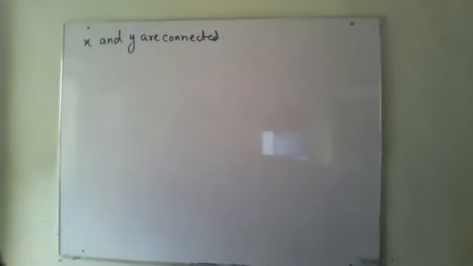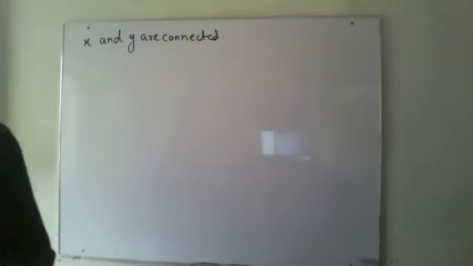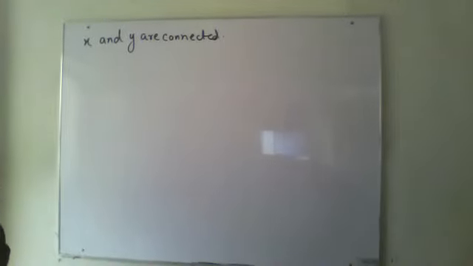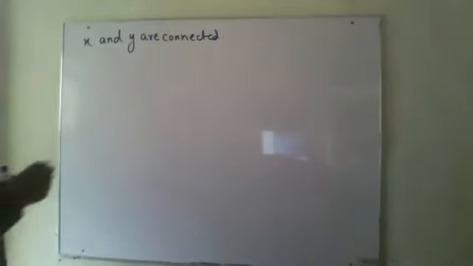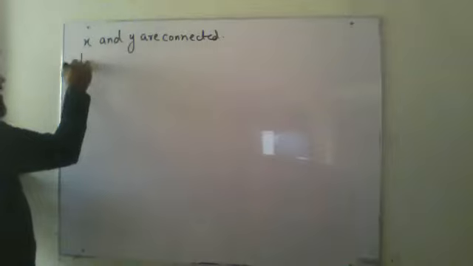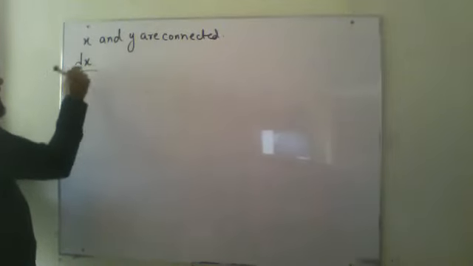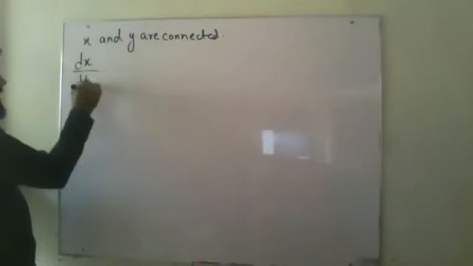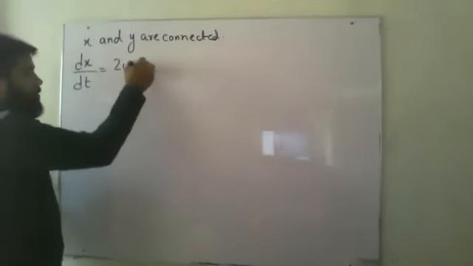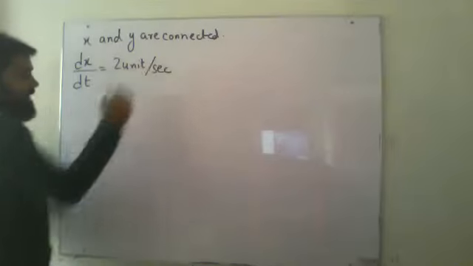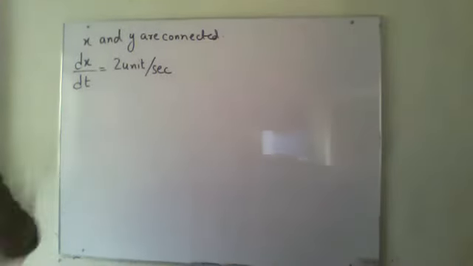Now, if the rate of change of x is 2 units per second, rate of change of x means dx over dt is given to me, and that is given to me as 2 units per second. This is given to me.